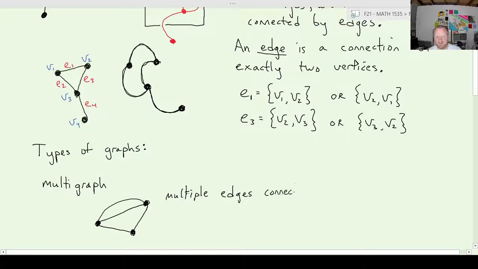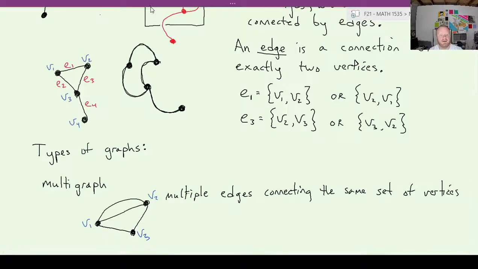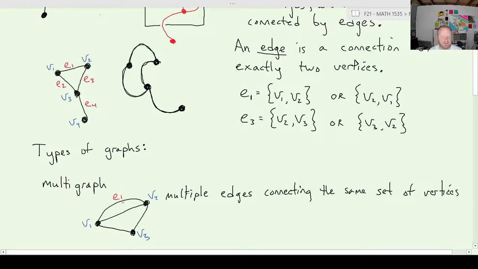Connecting the same two vertices. If I give these the same set of labels, if I call this V1, V2, and V3, and I call these edges E1, E2, E3, and E4, then I could say that E1 and E2 make this a multigraph.